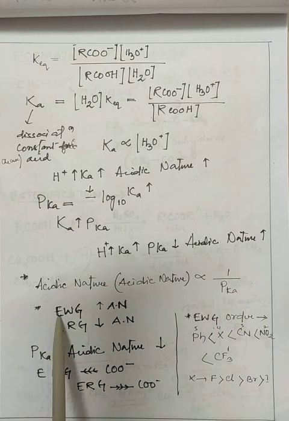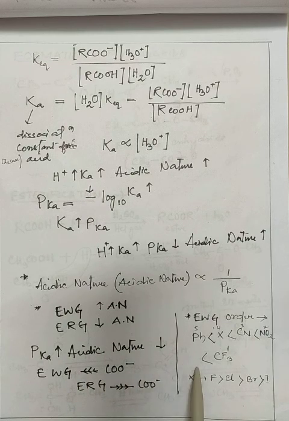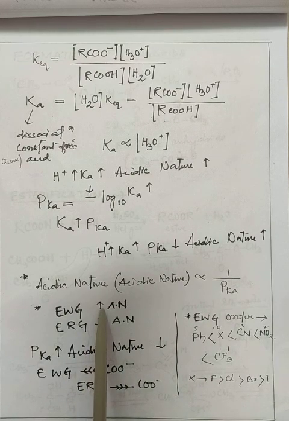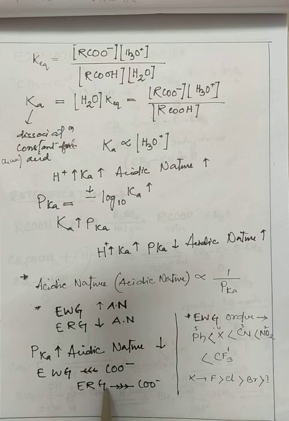Now an electron withdrawing group increases the acidic nature. Here we are taking the carboxylate. The electron withdrawing group will always try to take the electrons, and in that time the hydrogen will come out. Opposite to that, an electron releasing group decreases the acidity. The electron releasing group may be methyl.